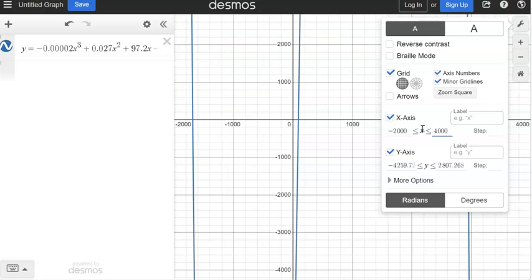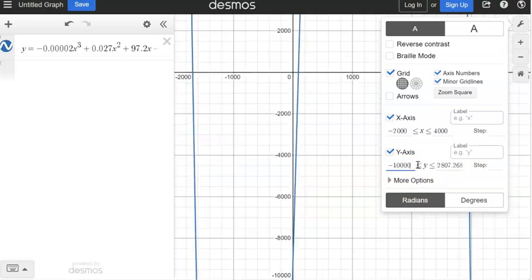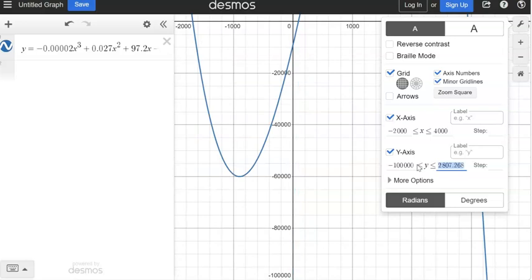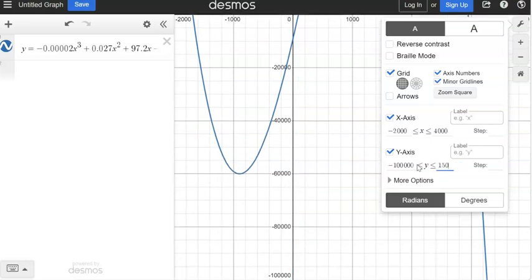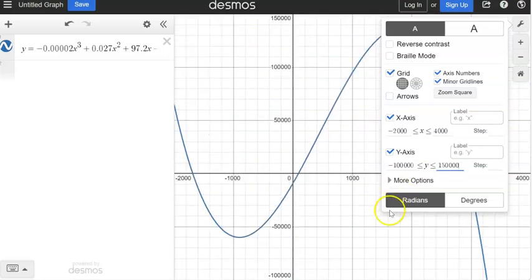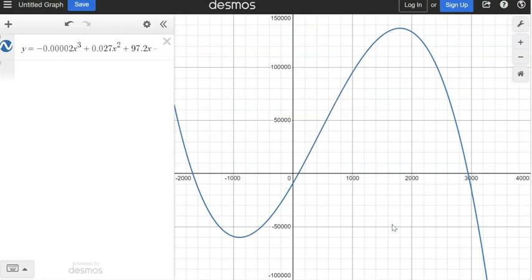And for y, notice that we are still below negative 4000, so we can go all the way down to negative 100,000 and up to positive 150,000, just to make sure that we get a complete cubic function.